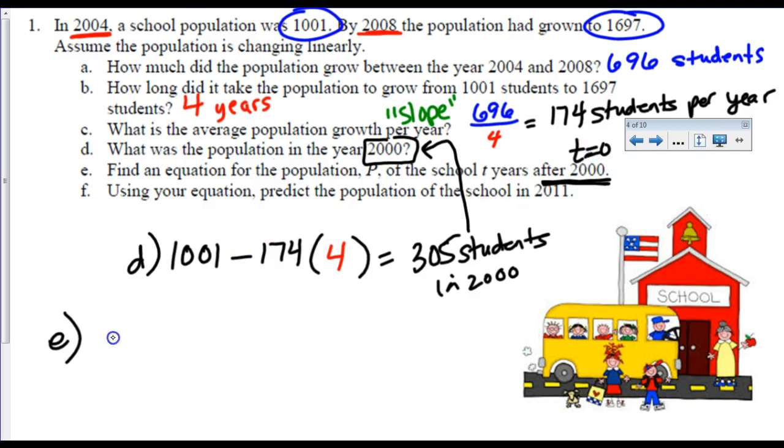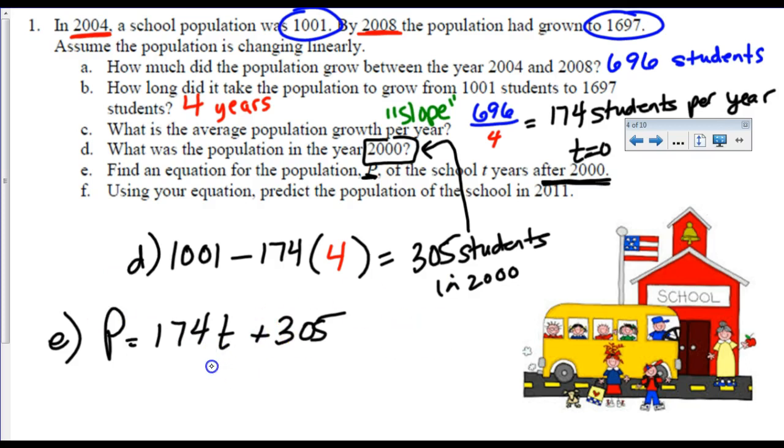So what we're going to be writing here is P, because they want me to use P, equals slope, which we said was 174. And they want me to use T. Got to watch your variables if they define them. And then in the year 2000, we started with 305 students. So that was your, quote, starting point, which we know is the y-intercept of a graph. But that's how you have to kind of interpret.